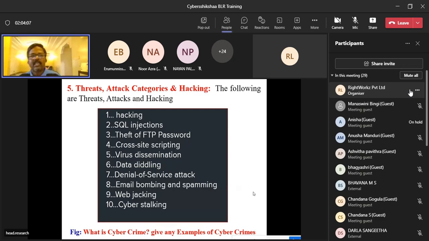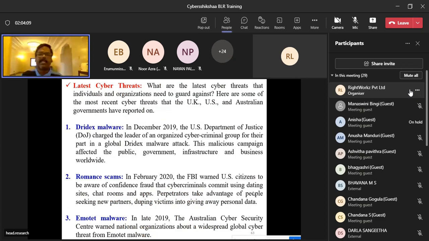If you see the latest cyber threats, in the year 2019 the US Department of Justice charged the leader of an organized cyber criminal group for their part in a global Dridex malware attack. This malicious campaign affected the public, government, infrastructure and business worldwide.